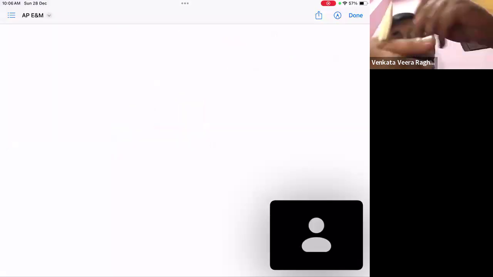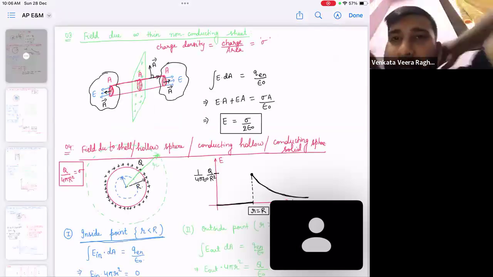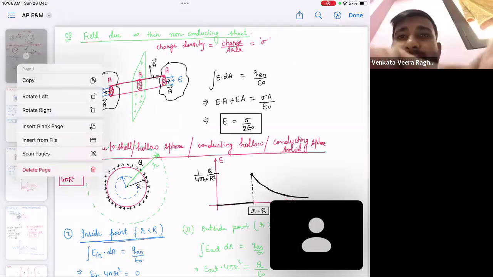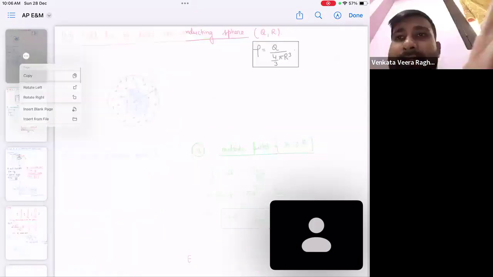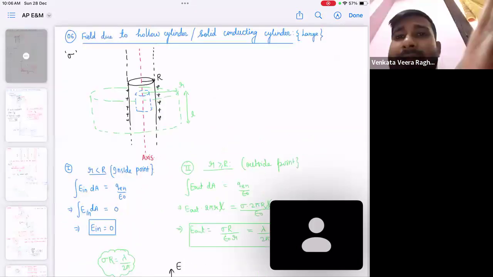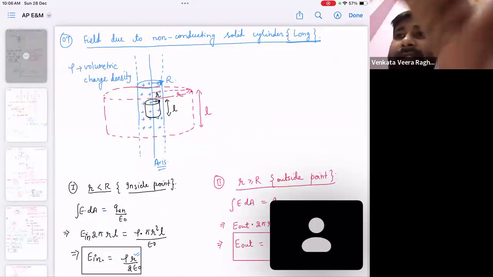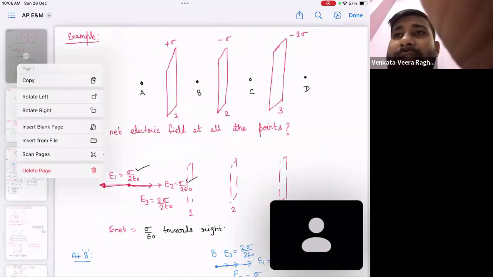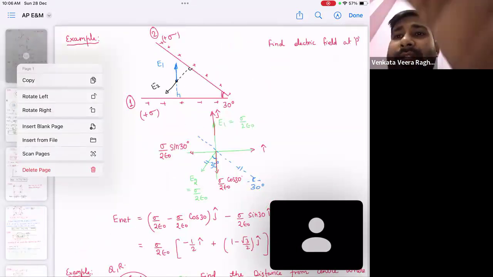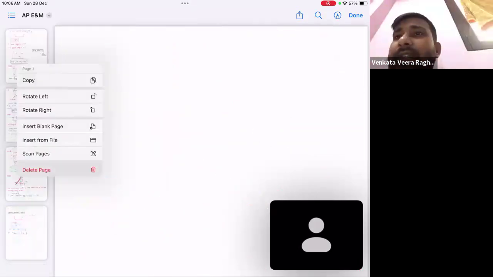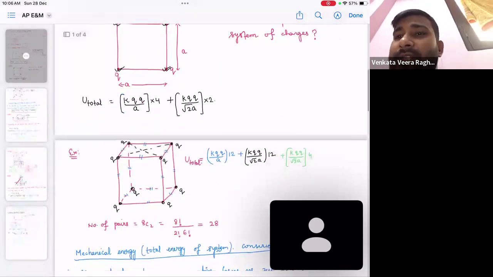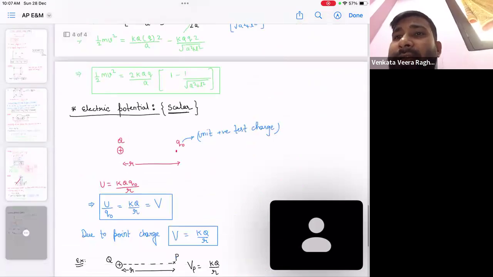But when we write electric potential, it is potential energy per unit charge. So that is the difference between potential and potential energy.